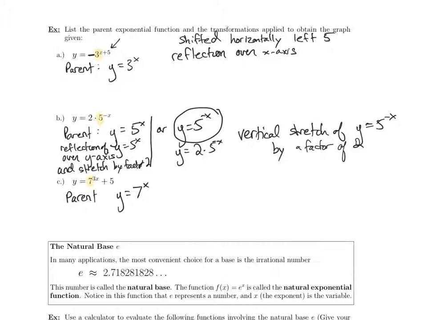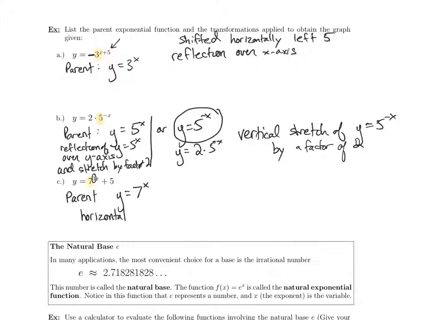Now for this last one, we have two things happening. The first thing is this 3 that is up inside with the x, and therefore it is a horizontal change. And we have to decide, is it a horizontal stretch or compression?